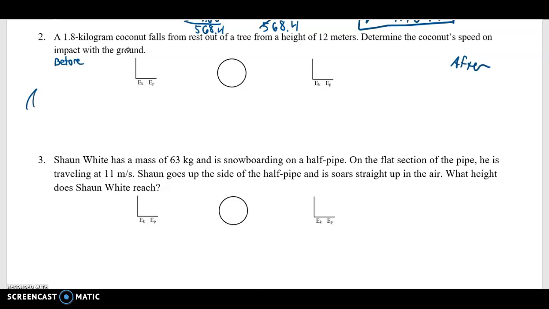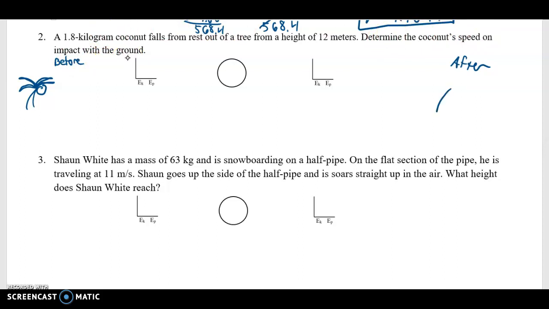And we want to play a picture in our head of what's going on. So like this coconut, it says that it falls from rest out of a tree. When we say before, it's before it falls out of the tree. So it's up here in the tree. And when we say after, this means after it falls out of the tree. It's saying determine the speed on impact with the ground.